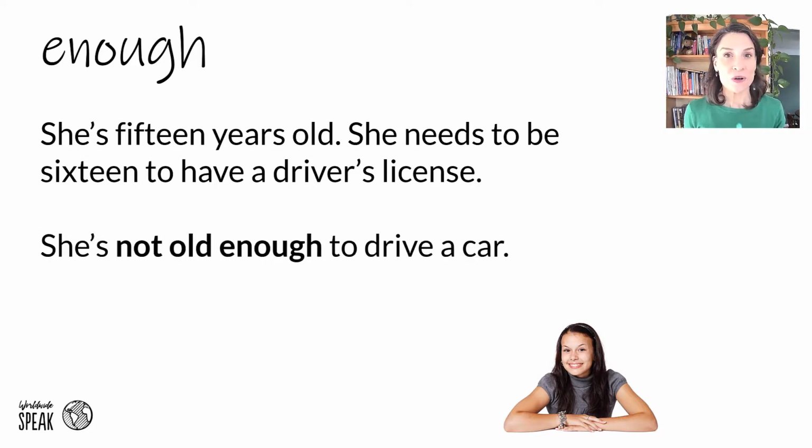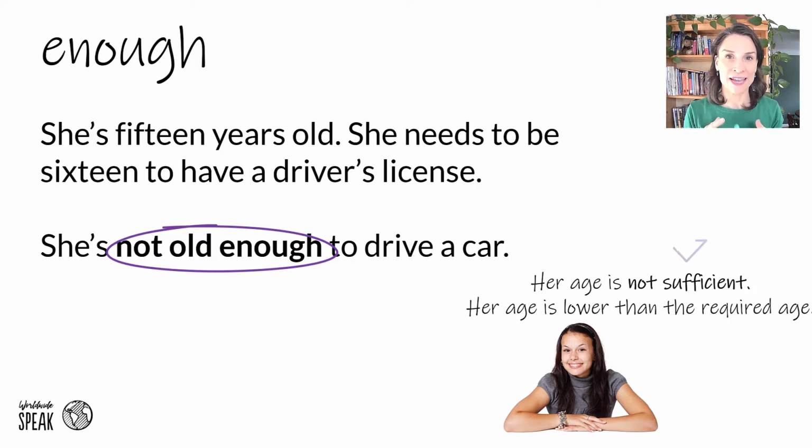She is not old enough to drive a car. So basically, I'm saying that her age is not sufficient. We're not there yet. She is not old enough to drive a car. Her age is not sufficient. It's lower than it needs to be for this thing, driving a car.